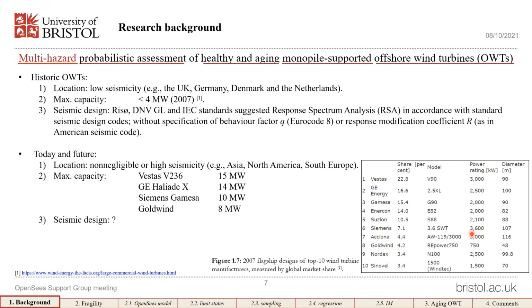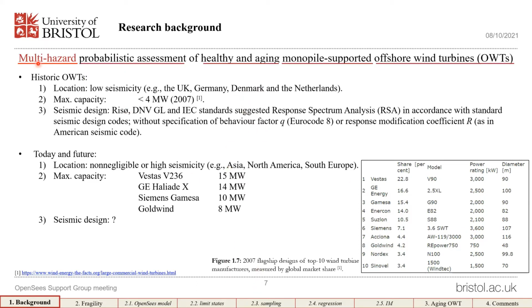The final keyword here is multi-hazard. The term multi-hazard here mainly refers to a combination of loads associated with wind and those introduced by earthquakes. The reasoning behind the necessity of adding seismic actions into our consideration is demonstrated through these comparisons.